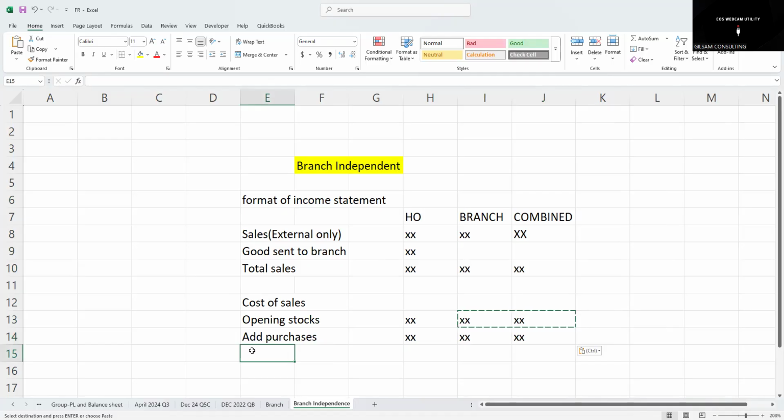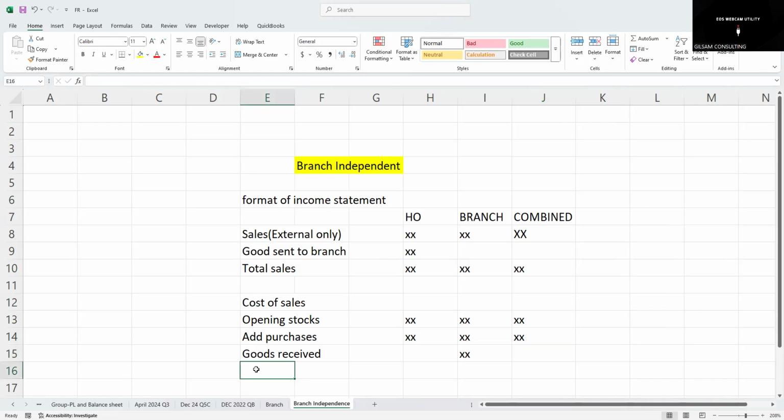Goods received. So if the branch doesn't want to buy goods, they'll have to order it from the head office. So you'll have the goods received from the head office. And also we don't have it in the combine options.